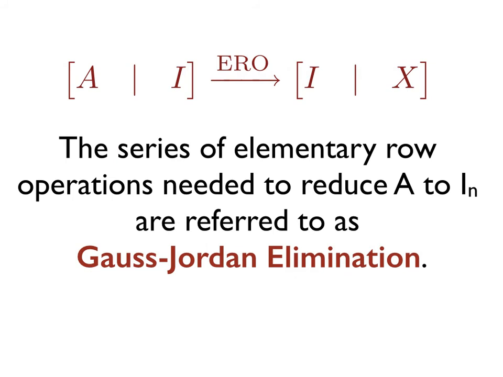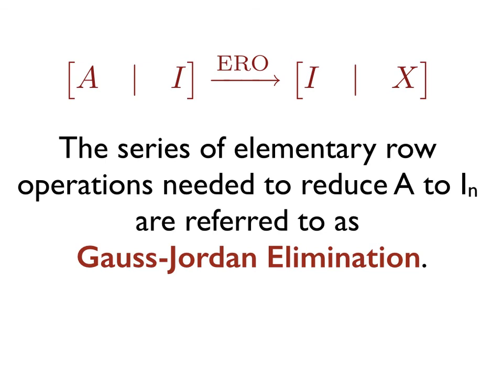So consider what we're looking to do. If we have A augmented with I, if we could find some elementary row operations that would change A into the identity matrix, then it would be the case that our solution, X, or A inverse, would be what we would see on the right, because this is exactly what it means to turn the A into the identity matrix.